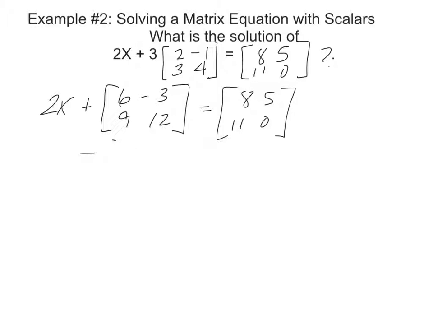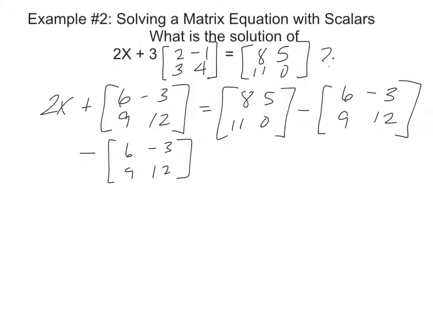So I'm just going to subtract 6, negative 3, 9, and 12, and I'd rather put that beside it. I'm only doing this because this is kind of the pattern that we're used to seeing for a subtraction. So here, those are gone, and we're left with 2x is equal to whatever this new matrix is.